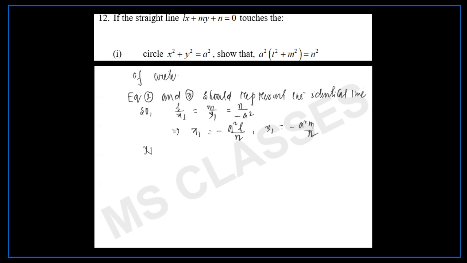Now, (x1, y1) satisfy the equation of circle.